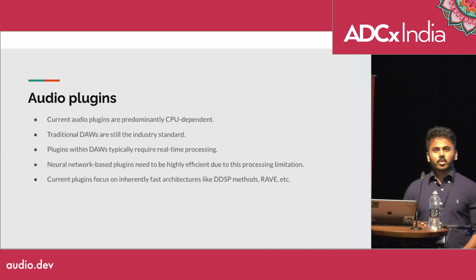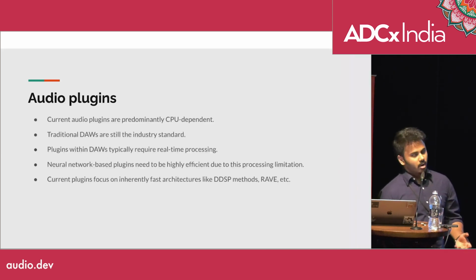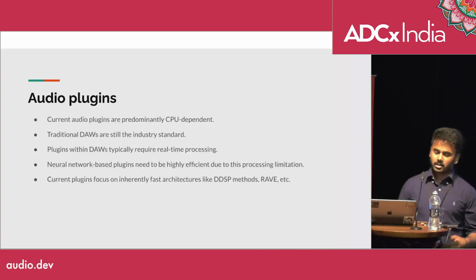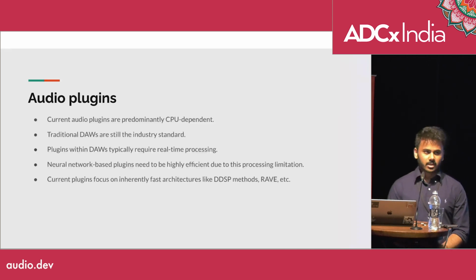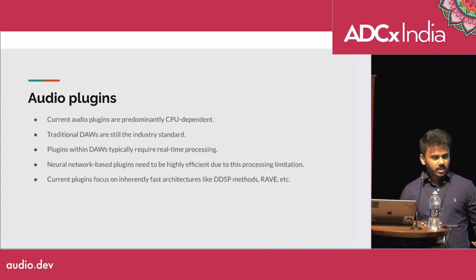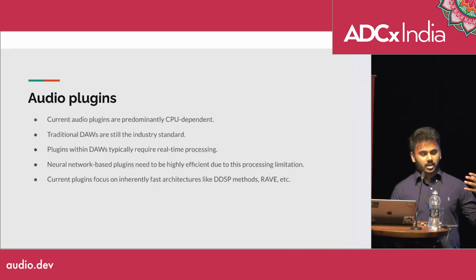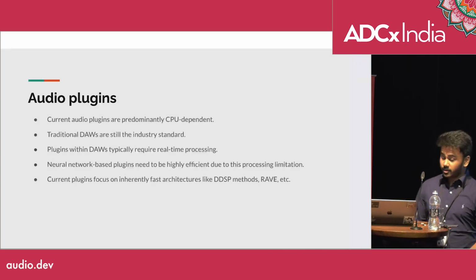So I'm going to focus the talk around audio plugins since I'm working on neural audio plugins. The current audio plugins are predominantly CPU dependent. There are companies working on, for example, GPU Audio and stuff. They are trying to bring in ways where your plugins can use GPU for inference.